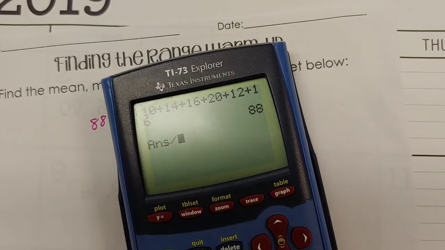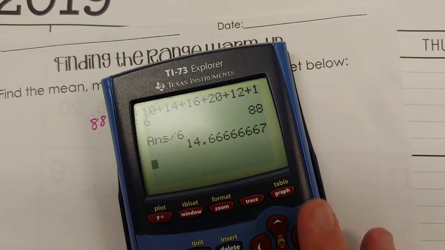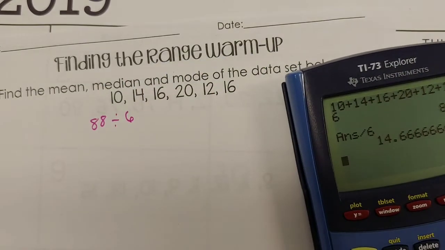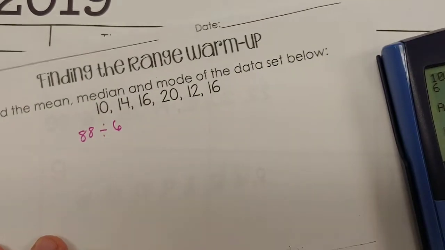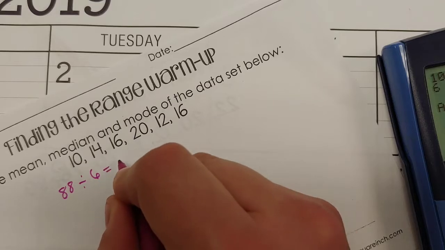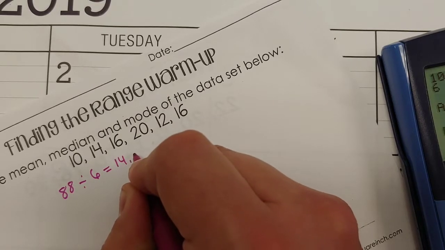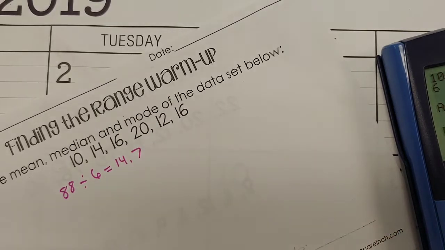Take my calculator. Divide by 6. And we get 14.6 repeating, or 14.7.